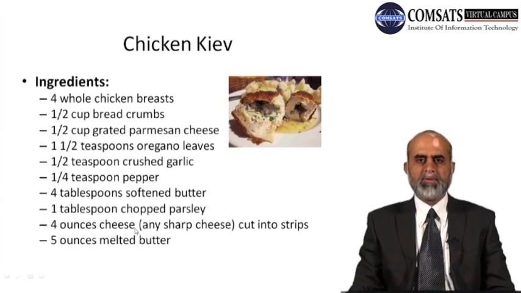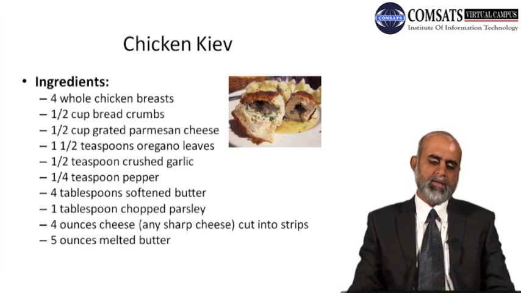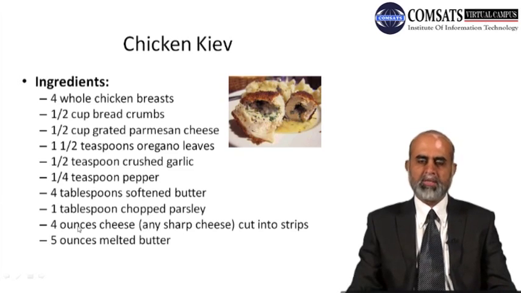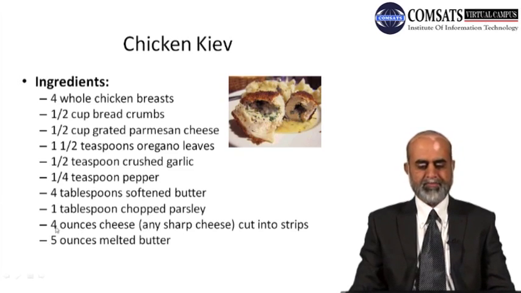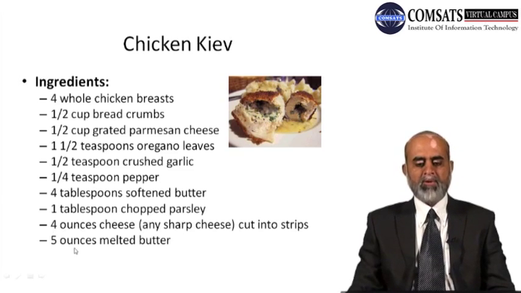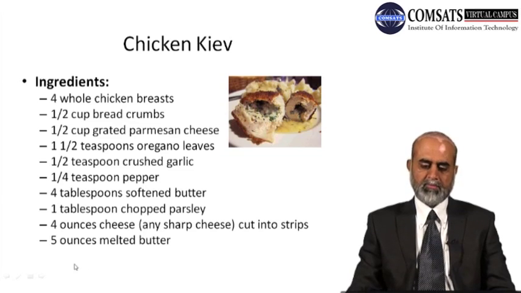So 4 ounces of cheese, if it is grated cheese, then probably it would be like 1 cup of cheese. But if it is cut into strips, 1 ounce is just like 1 slice of cheese, the usual size that we have. And then we have 5 ounces melted butter. Melted butter. That's right. Okay, so these are the ingredients that are required for chicken Kiev.